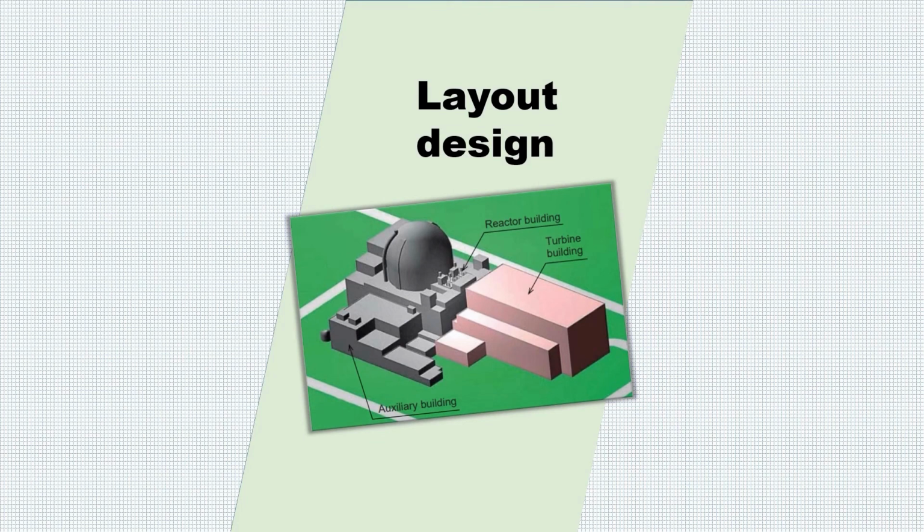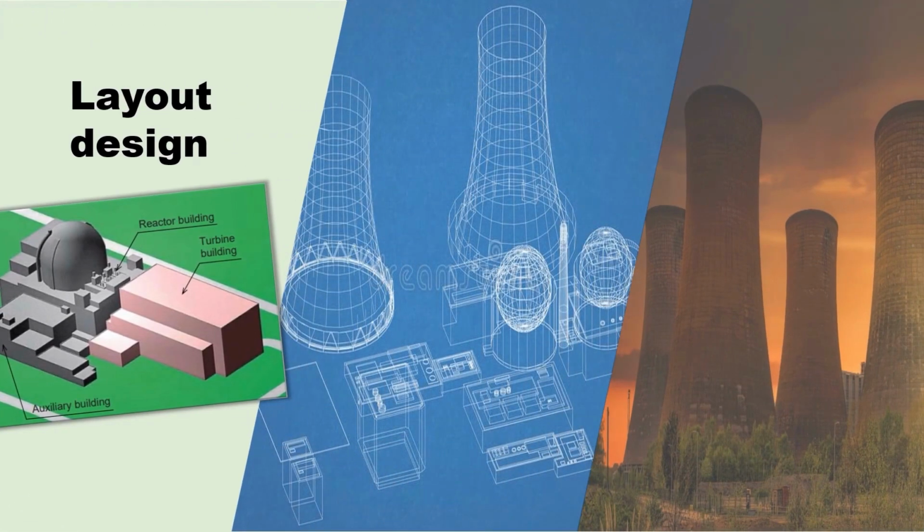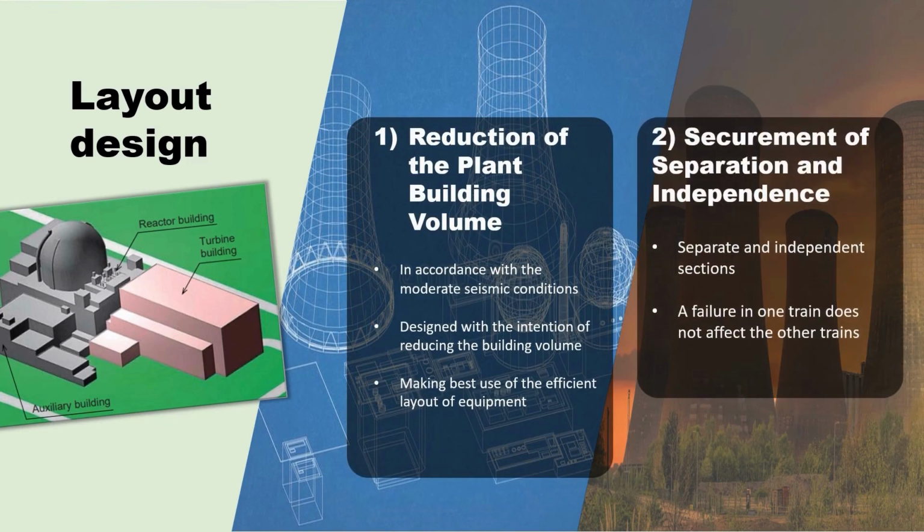For layout design, according to severe seismic circumstances, the building width for PWR plants in Japan must be determined based on the building's ground contact ratio during an earthquake. Because U.S. seismic conditions are less severe than those in Japan, it is conceivable to employ smaller building widths and to minimize the volume of the primary plant building by using a layout with scattered small-scale structures rather than a single large-scale structure.